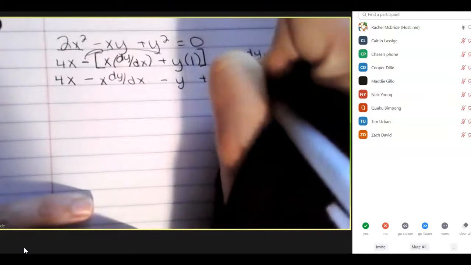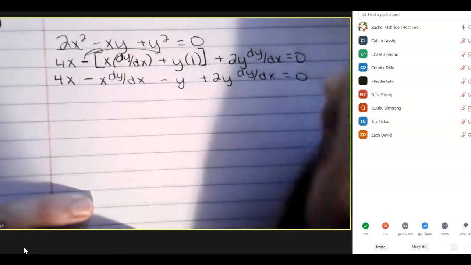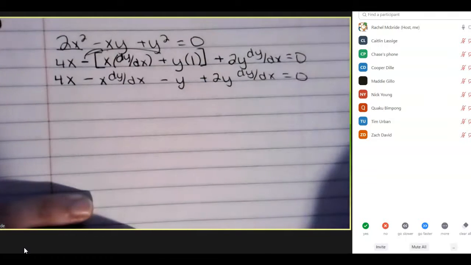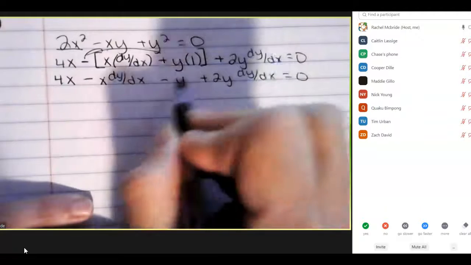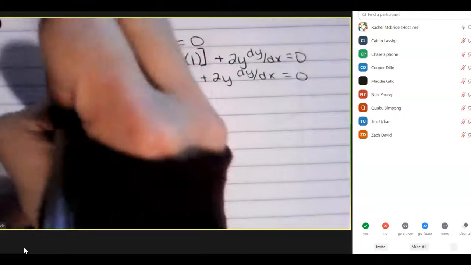Now what needs to happen is that negative is going to distribute to both parts inside. So you have 4x minus x dy dx minus y plus 2y dy dx equals 0. Then I'm going to get the dy dx's on the left and the other stuff on the right.